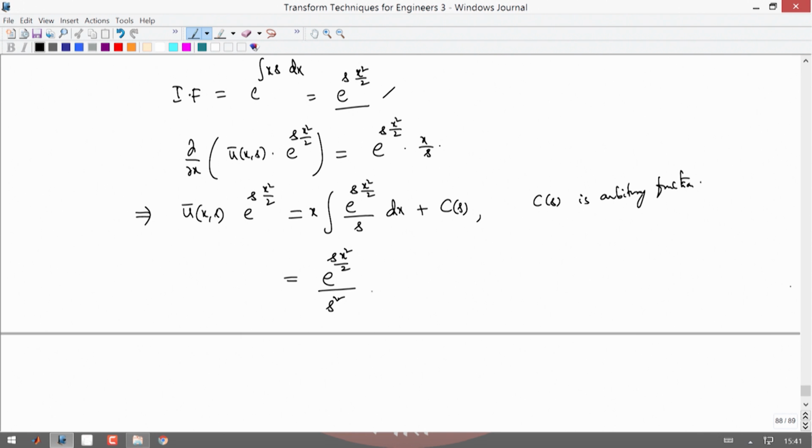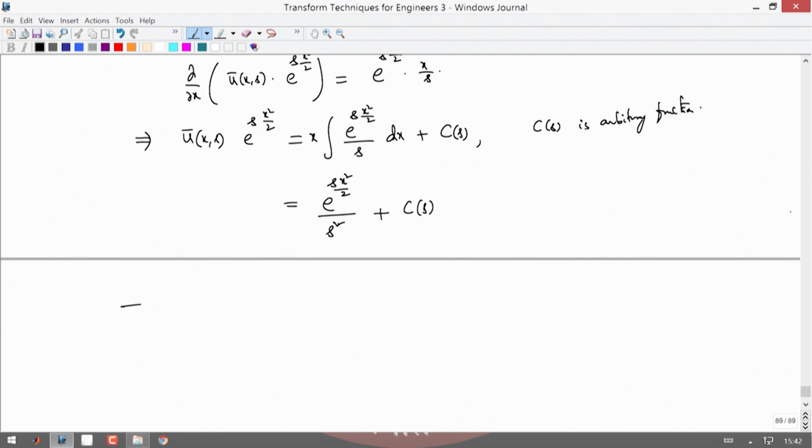So, this is exactly what you have: if you differentiate this, you get x times this integrand. So, this is your integration, and then plus c of s. So, this gives me u bar of x s as 1 by s square plus c of s times e power minus s x square by 2.